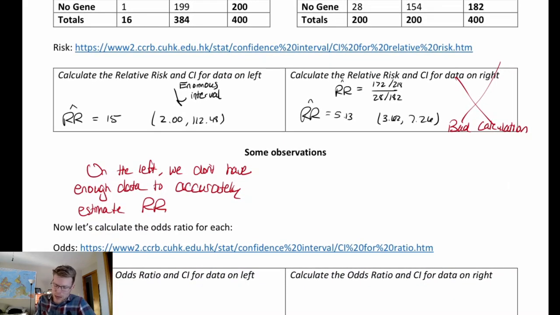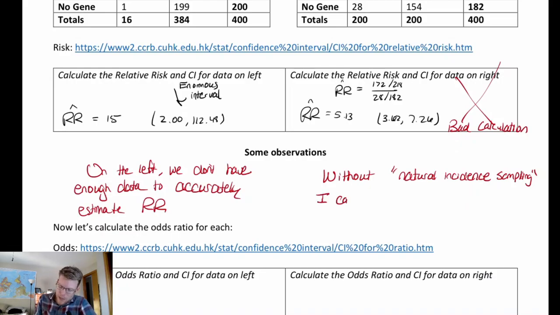Now, the issue on the right is that without, I'm going to call this natural incidence sampling, and I know I'm not defining this word anywhere else, but the idea is if I'm sampling from the outcome, if I'm doing a case control study, then I don't have the natural incidence of ovarian cancer. And when I don't have that, I can't trust my RR calculation.